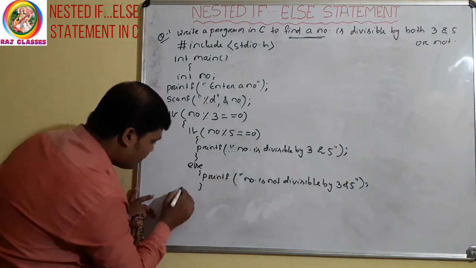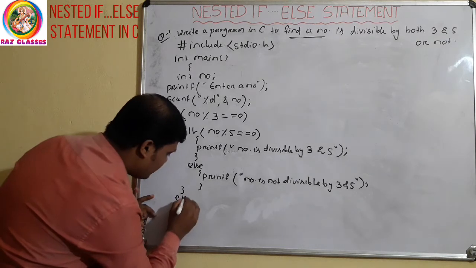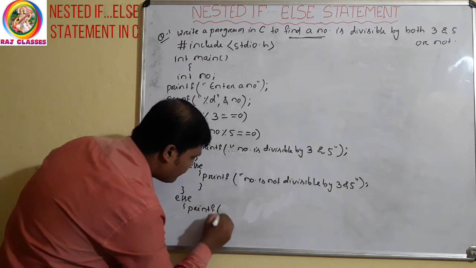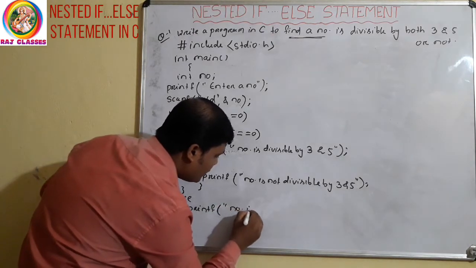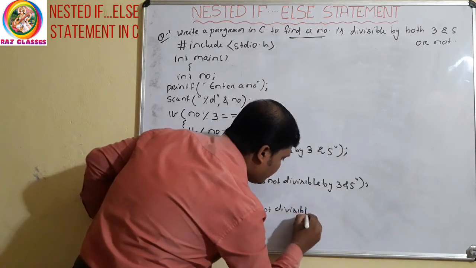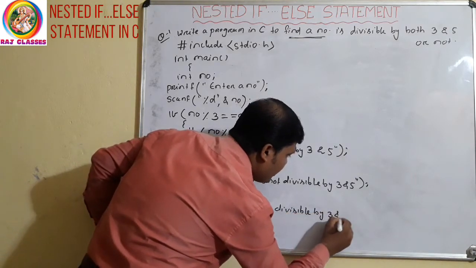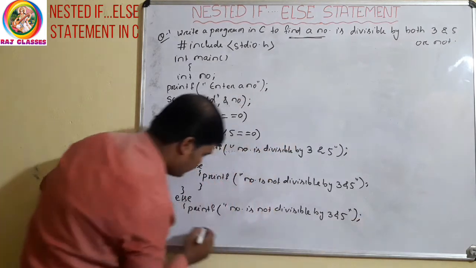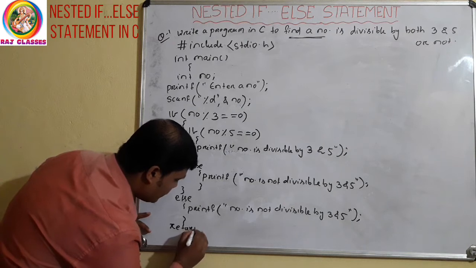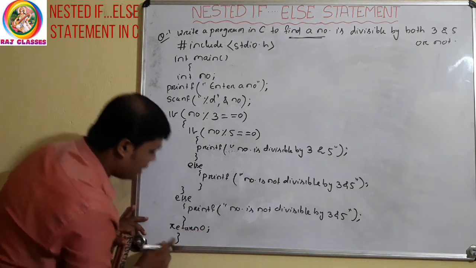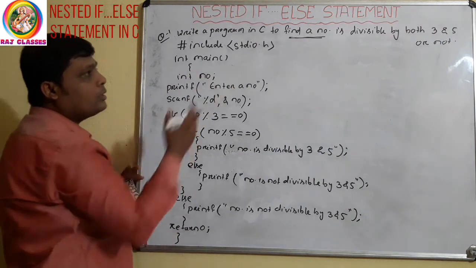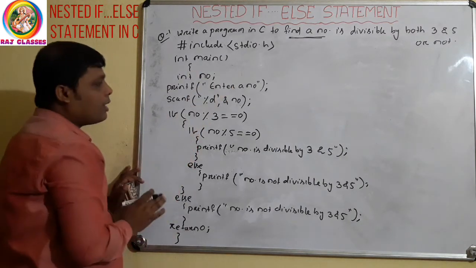If this is the end, then else part: else it will printf "Number is not divisible by 3 and 5". Then return 0 and this is the end of main.